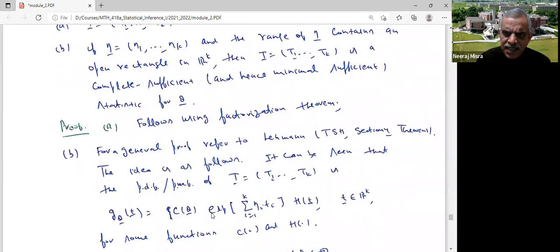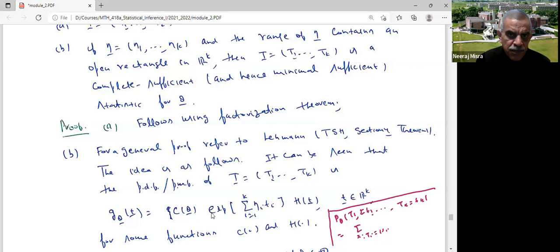Because for the discrete case, you have to see what is the probability that T1 is equal to t1 and Tk is equal to tk. This is the sum over all values of x such that Ti of x is the same as ti.